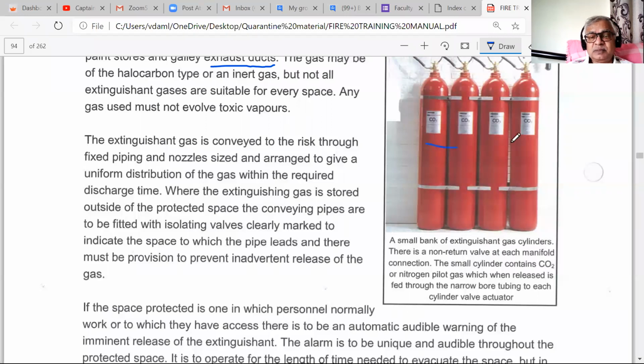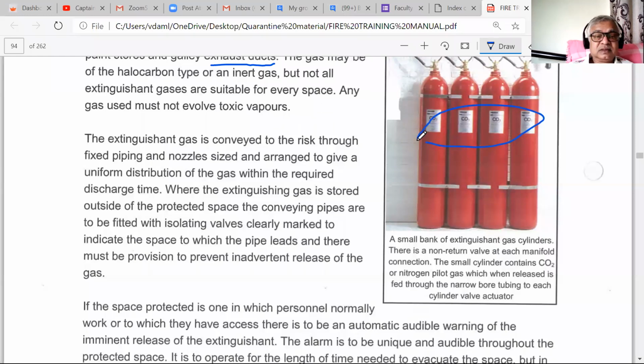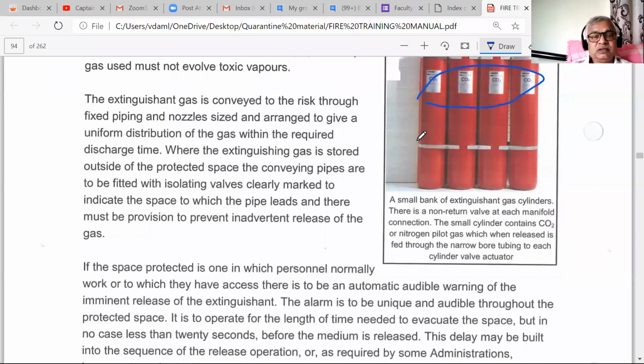This is the typical storage of certain capacity. How we operate, we will come down to that. When you start a network of piping, there will be some regulations on that, which we have covered under FSS.